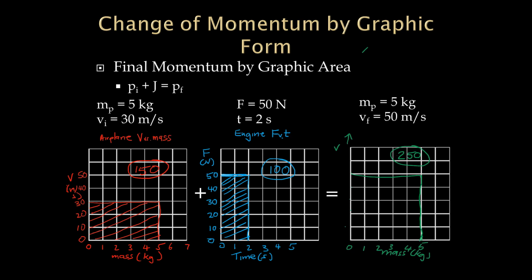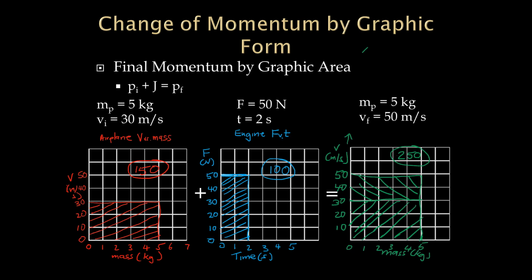So this rectangle, hopefully you can see this, is made up of really 2 rectangles. Our initial momentum, our impulse, just kind of cobbled together, 20, 30, 40, and 50.